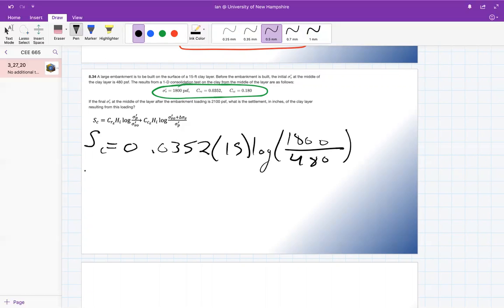So this is part one, and I'm going to write part two down here. So we have C sub C epsilon, so that will be 0.18 times the whole depth of the layer, and then log of, well, now we're going to use this 2100, because that would be the addition of these two, over our 1800.